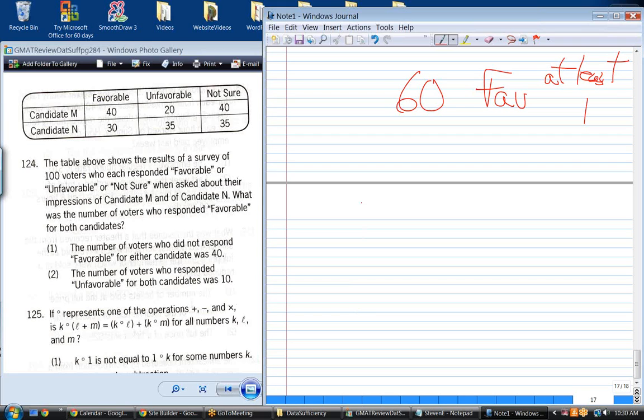There's 70 favorables and 60 people who gave at least one. So at least 10 people gave two. Okay, this is the favorable, this is the unfavorable, and this one is the not sure.